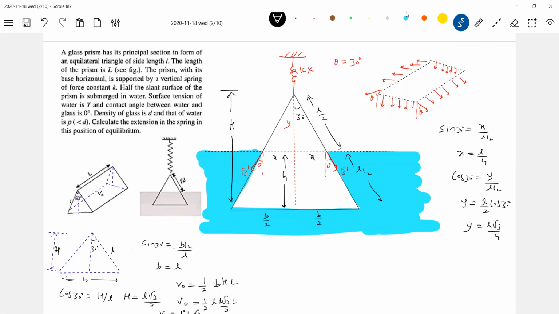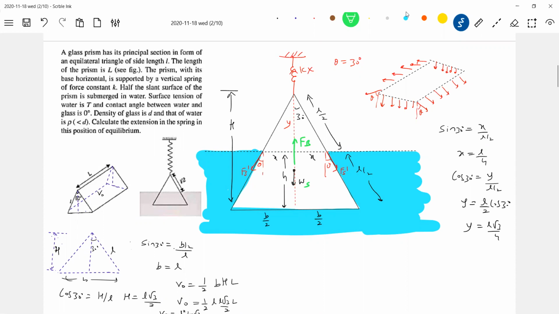Okay, let's get the buoyant force. What are the things acting: the weight of the prism, the buoyant force, I'll show it somewhere here. There's the weight of the solid, weight of the prism, and spring force and the force due to suffocation. We have to equate all these things.